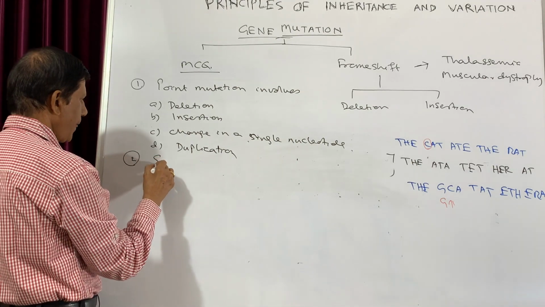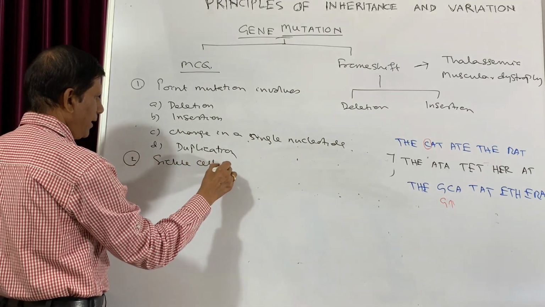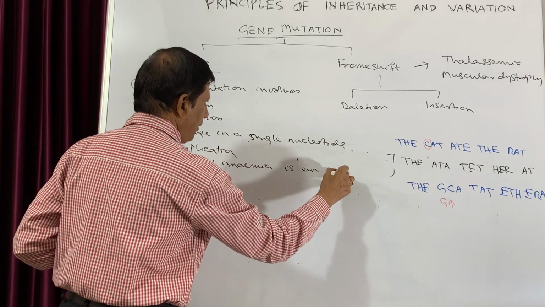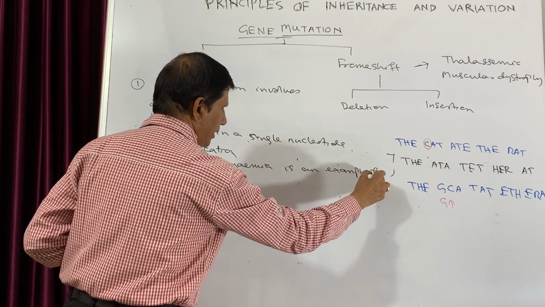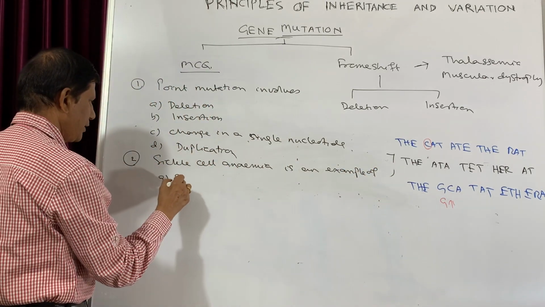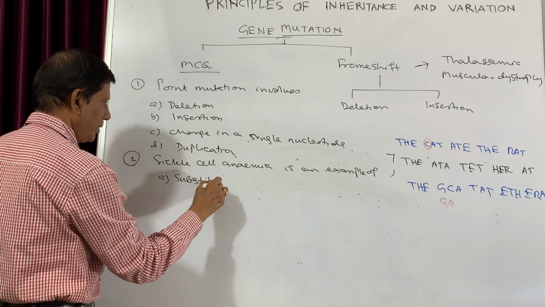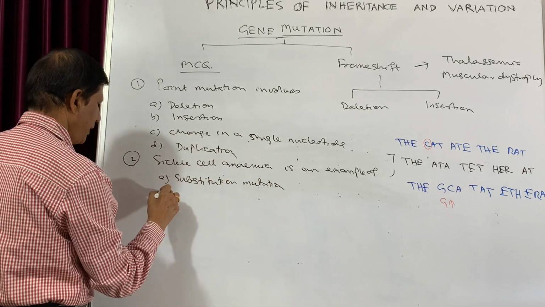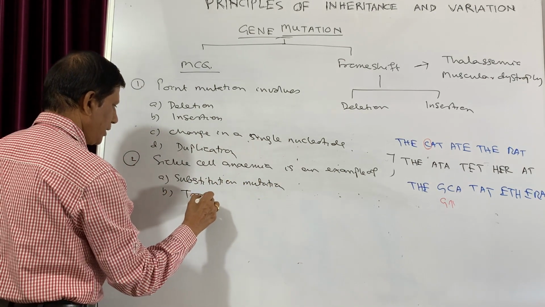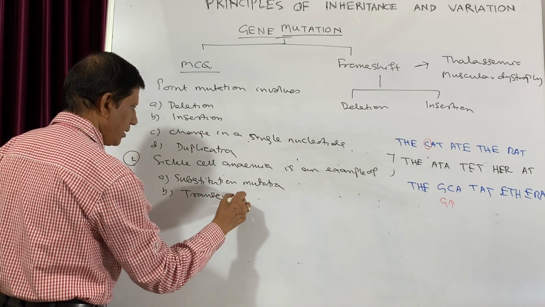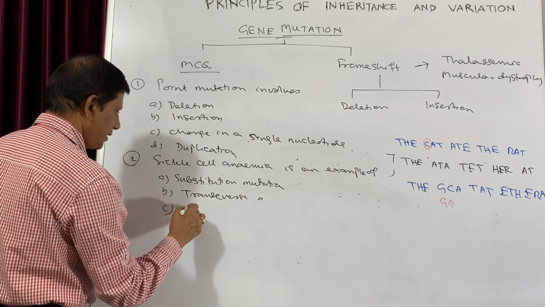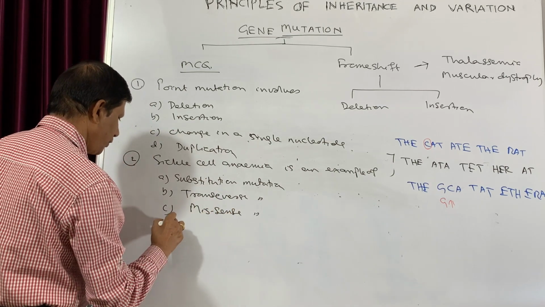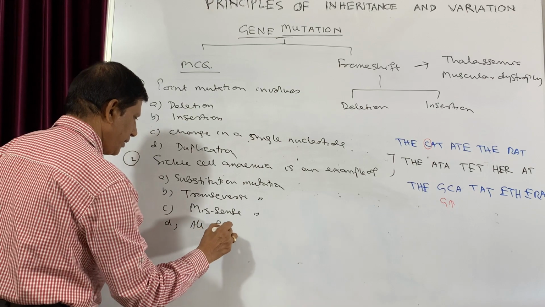Second question is sickle cell anemia is an example of: one is substitution mutation, B choice transverse mutation, third choice is Missense mutation, and the fourth choice all of the above.